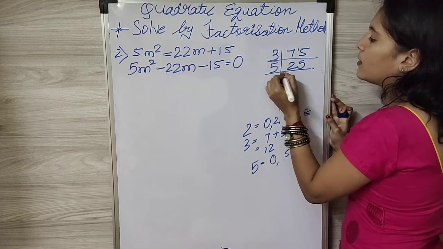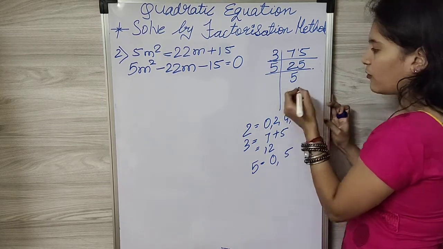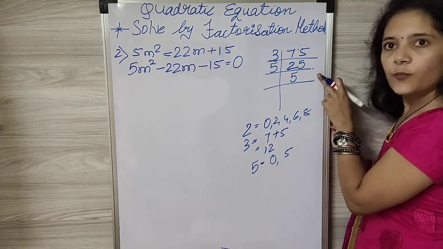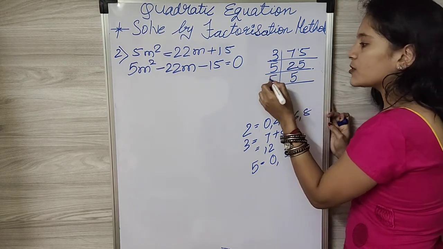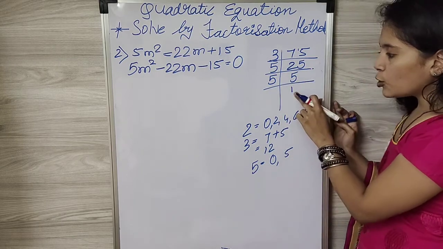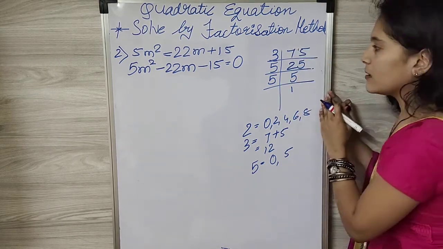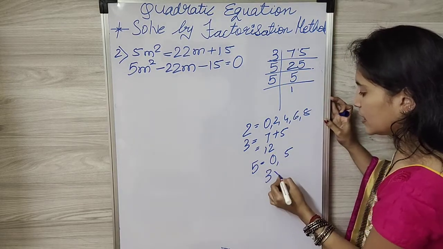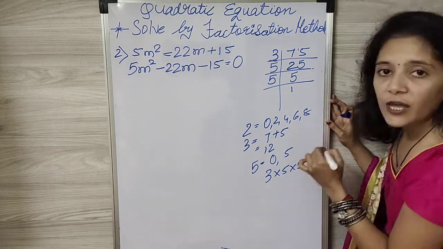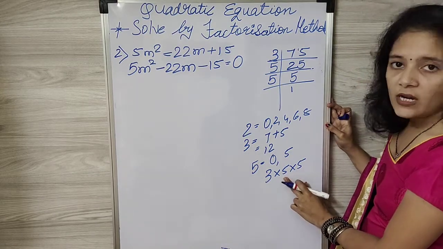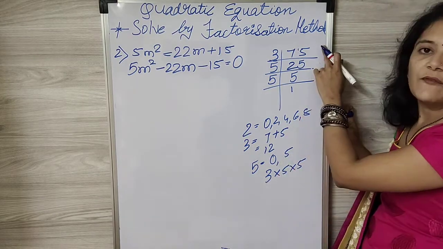That is 5. 5 5s are 25. Again, not possible by 2, not possible by 3, not possible by 4, but it is possible by 5. So I got 1 at last. So my factorization has been completed here. So what is the number? 3 into 5 into 5. See, 5 5s are 25, 25 3s are 75.